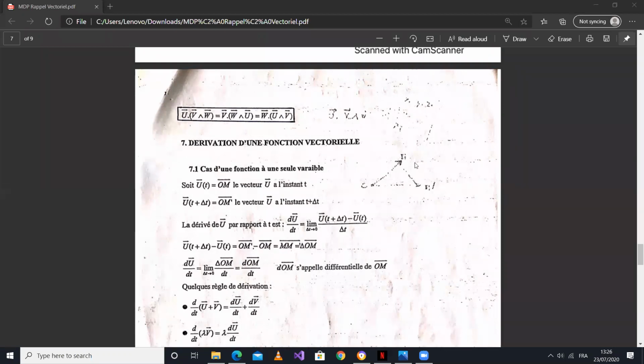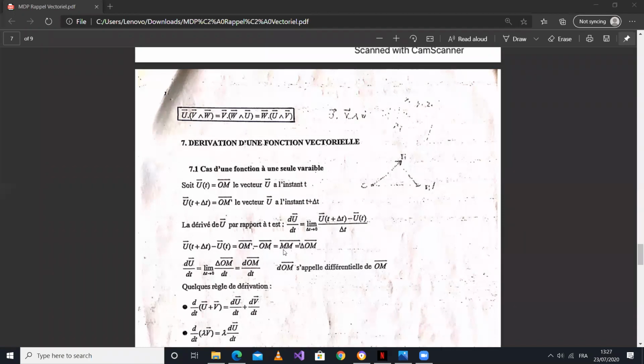You are moving from OM to OM prime. So to that extremity there, it's going to be M prime. So the difference between OM prime and OM is going to give us MM prime.